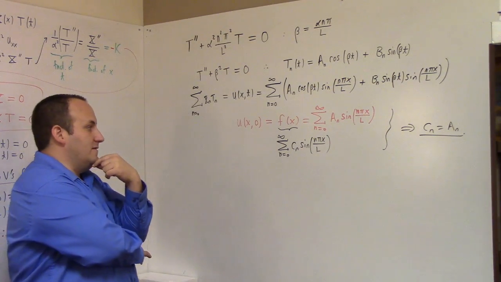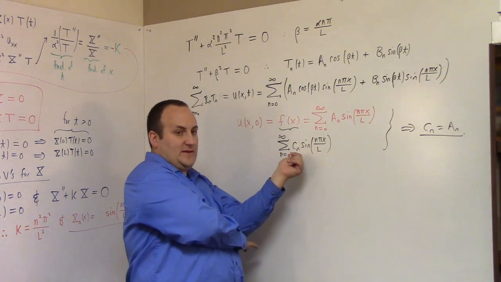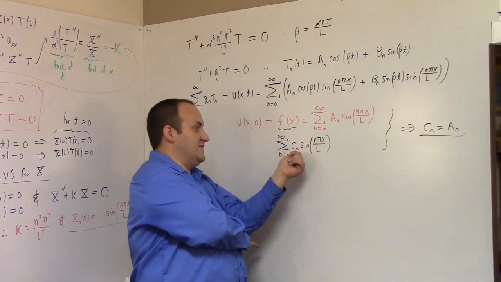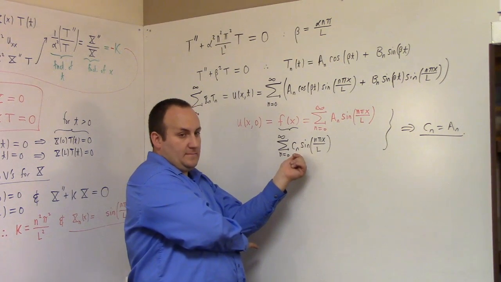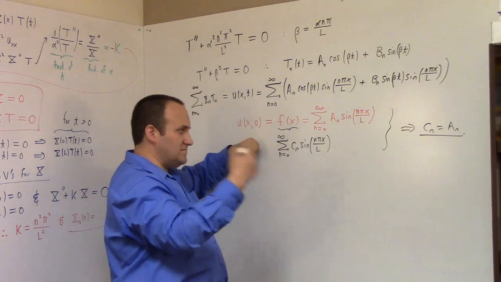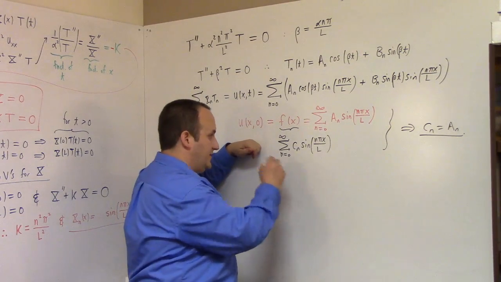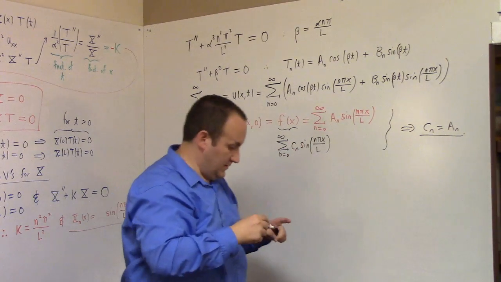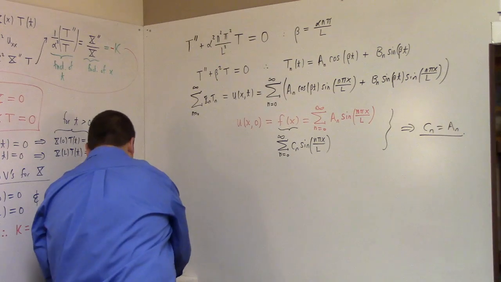Now, the question of course is how do you actually find the C sub n? What's the formula for C sub n? Basically the story is this. Let me go back to here and show you the argument.